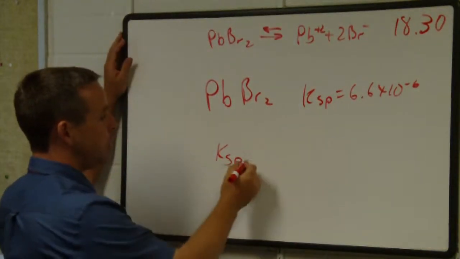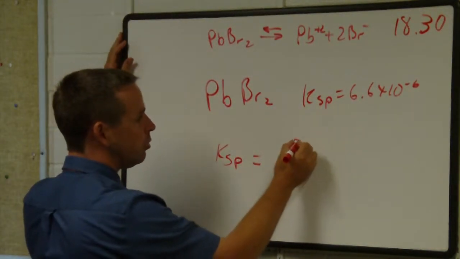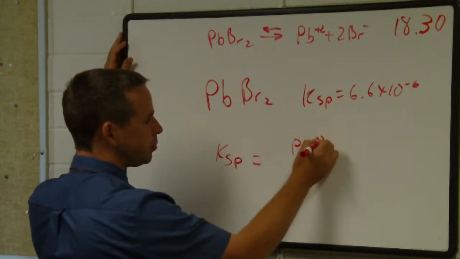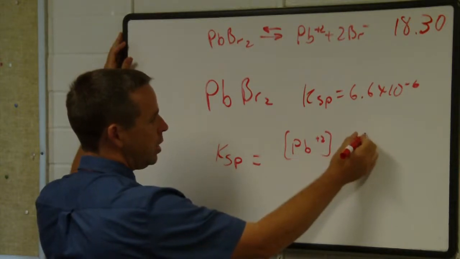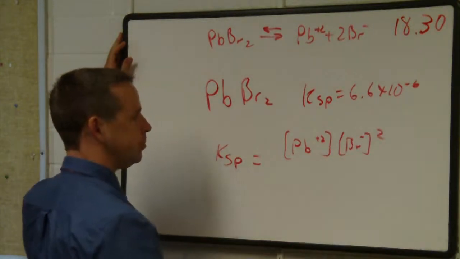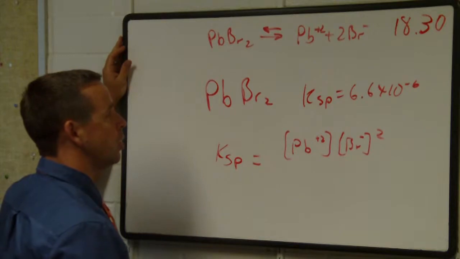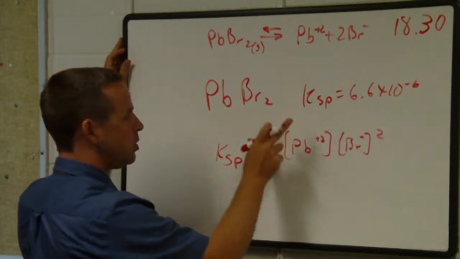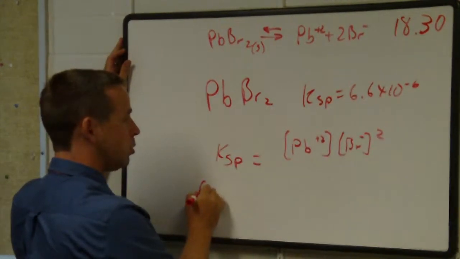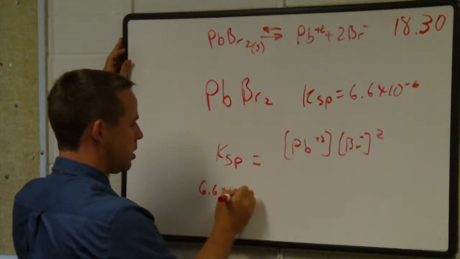And so it would be the concentration of the lead ion times the concentration of the bromide ion squared, right? So this again is not included, it's a solid. So this value, KSP, equals 6.6 times 10 to the minus 6.